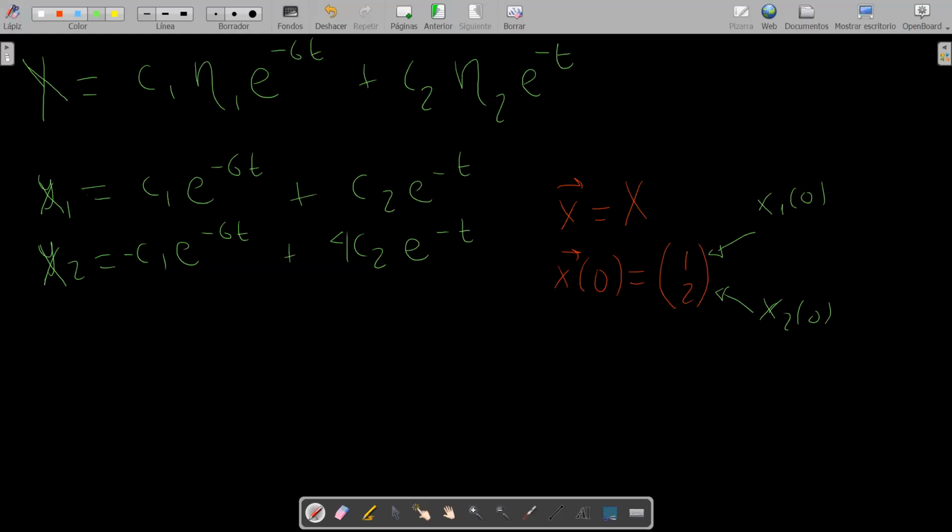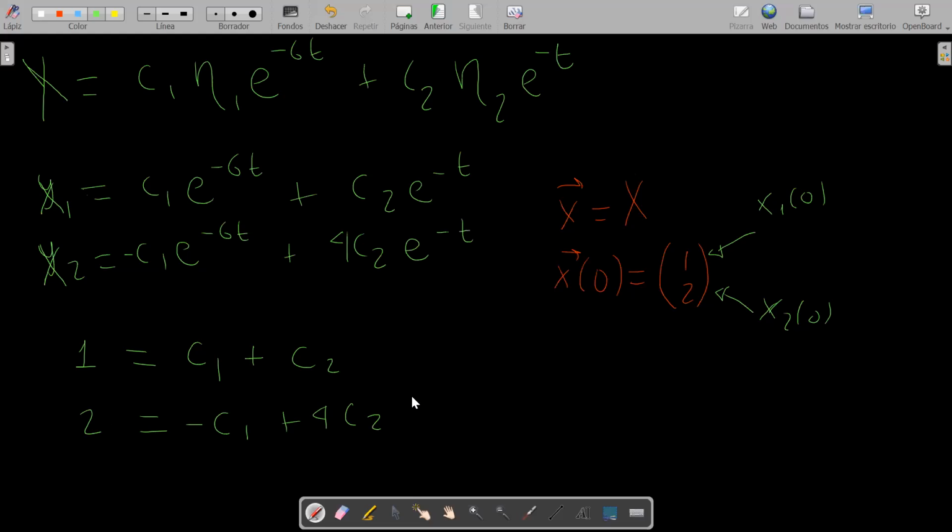So here we have, if we replace X1 on 0, it is 1, that will be equal to C1 e to the negative 6 times t, but t is equal to 0, so we have e to the 0, which is equal to 1, plus C2, and X2 evaluated on 0 is equal to 2, so this will have to be equal to negative C1 plus 4C2.